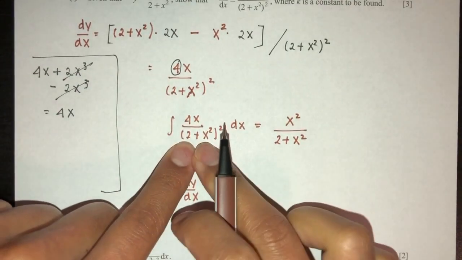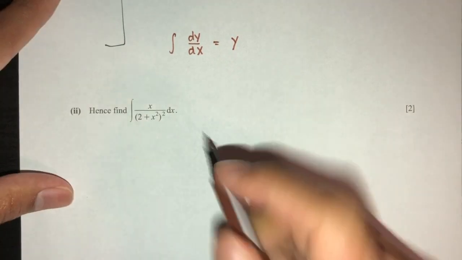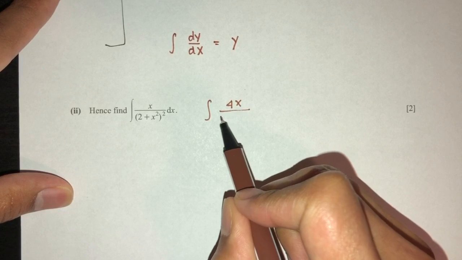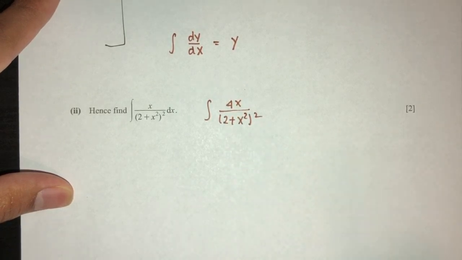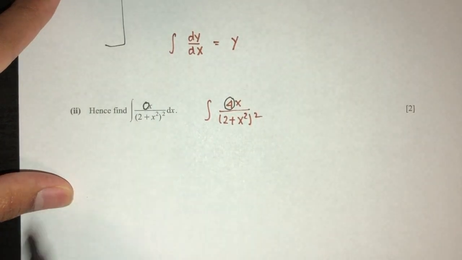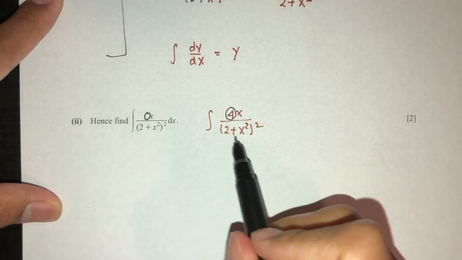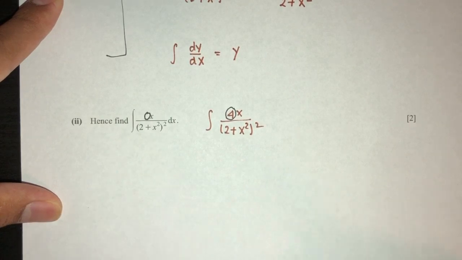So using this, you get this. Now we have to find this one. The only difference between this and this is that we don't have 4 here, right? So that is the only difference. So pretty easy. Same way, we can just divide by 4.